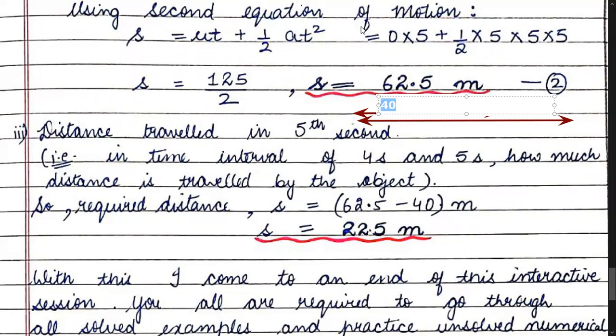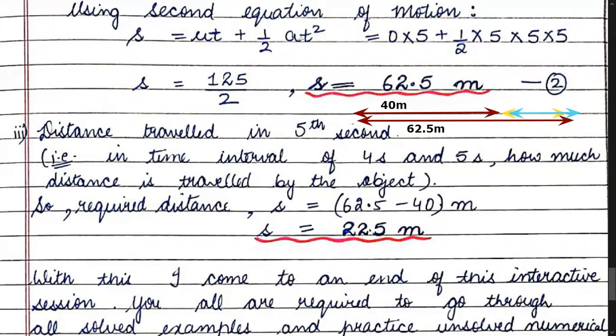So the distance covered was 40 meter. While in the first 5 seconds, the distance covered is 62.5 meter. But now the question is how much distance is covered in 5th second? That means only the last second. So how to find?